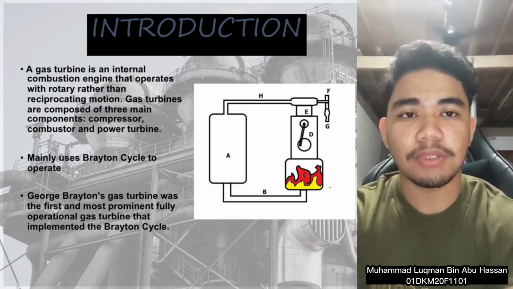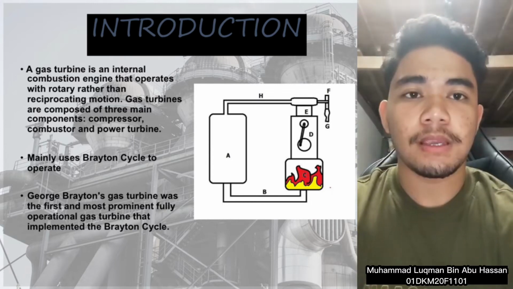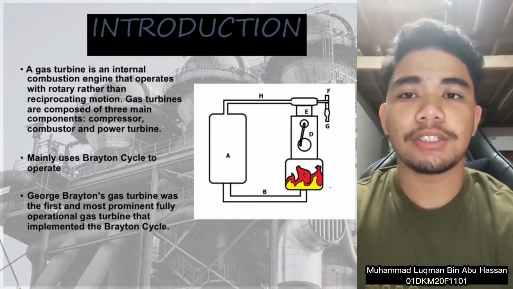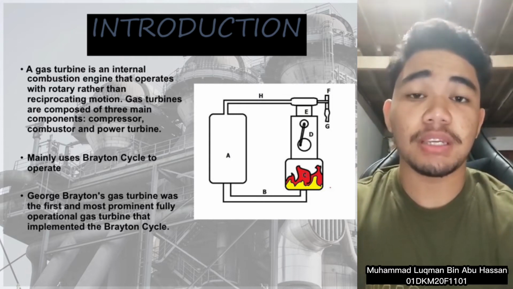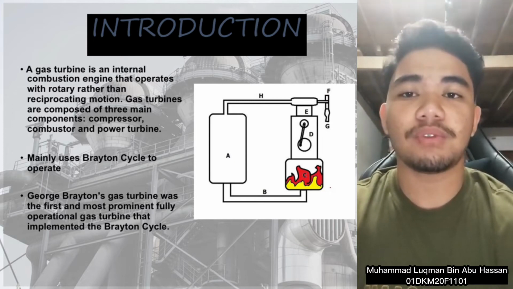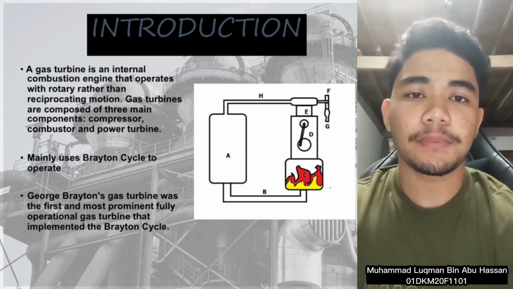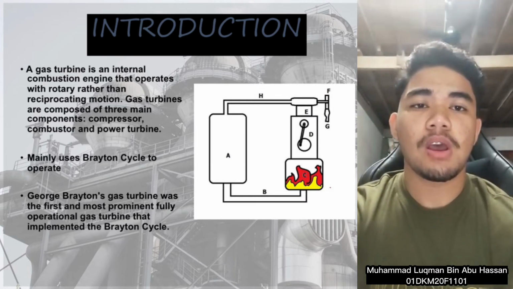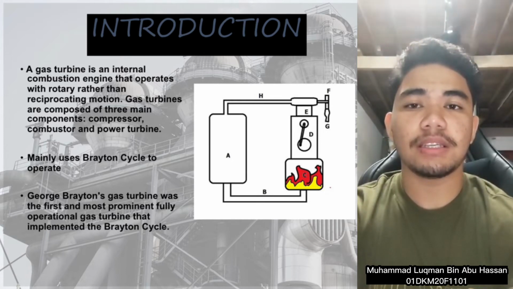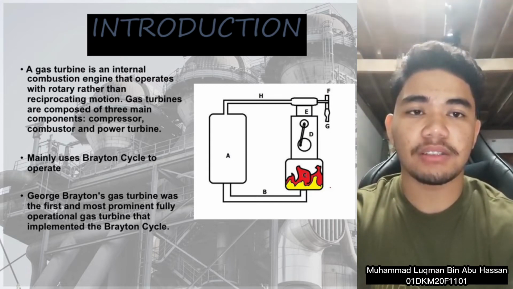In the combustion chamber, fuel is mixed with the compressed atmospheric air, where it is ignited and left to exit in the expansion chamber. The energy that comes out of the back of the gas turbine is work used to power the compression step as well as give thrust to the jet.